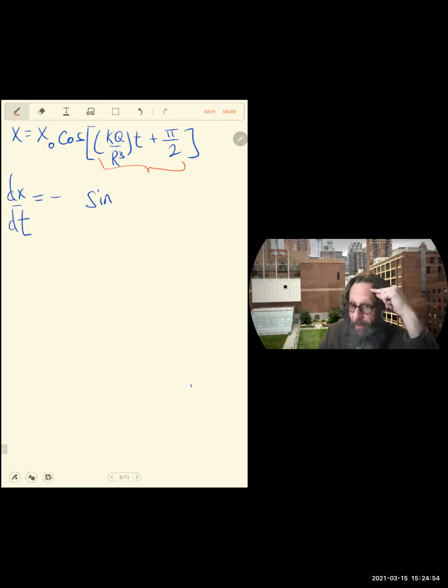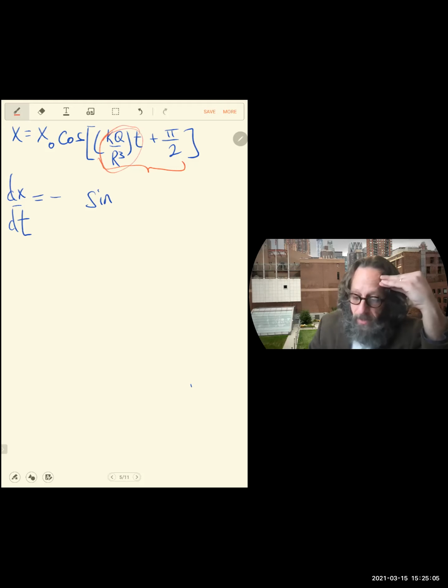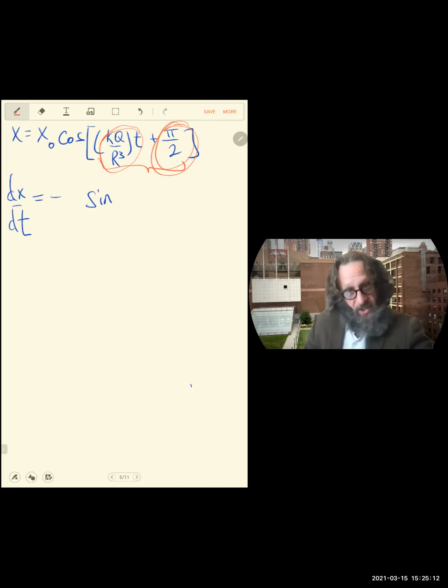Well, the derivative of that is literally kq over r cubed, right? Or technically it's kq over r cubed plus 0, because it's the derivative of this with respect to t plus the derivative of this with respect to t, but the derivative of this constant is 0.